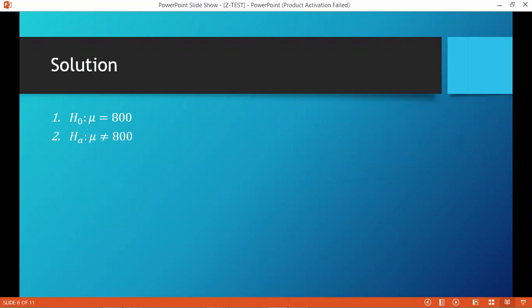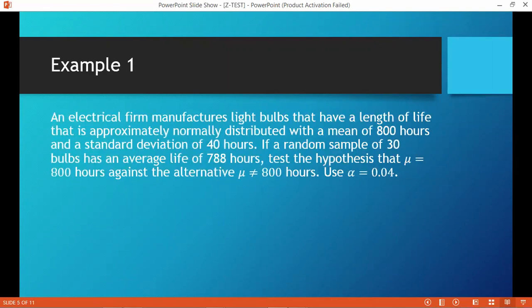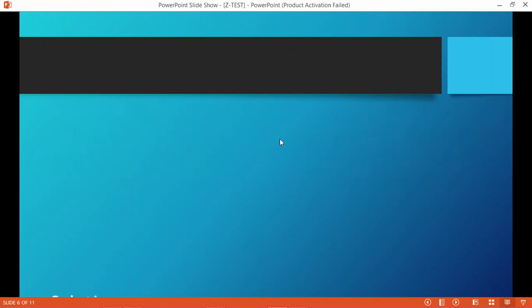Then for your alternative, you say your mean is not equal to 800 hours. Now, how did I identify that my alternative should be not equal to? It was stated in the problem, against the alternative of 800 hours. Then our alpha, that is 0.04, is also given in the problem.